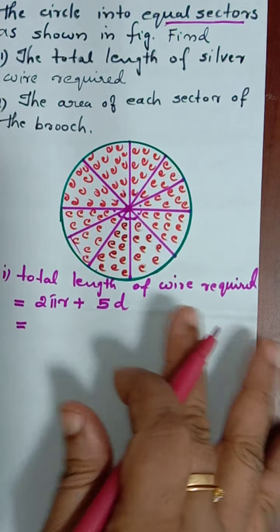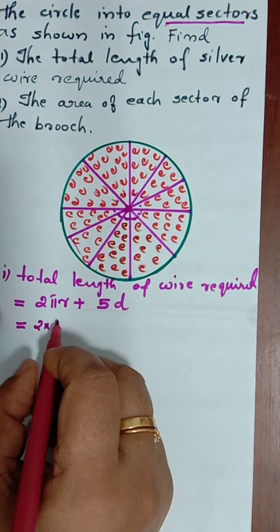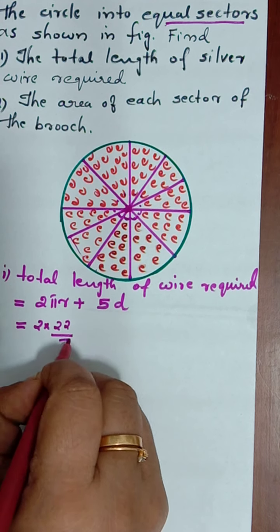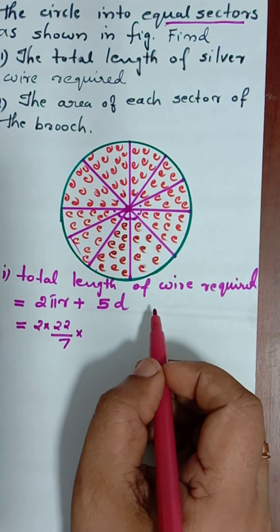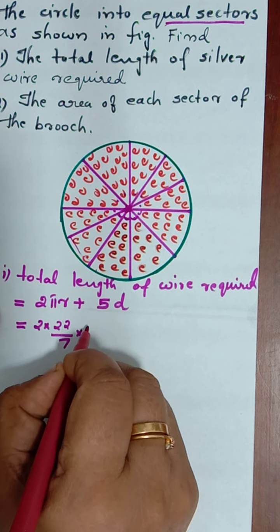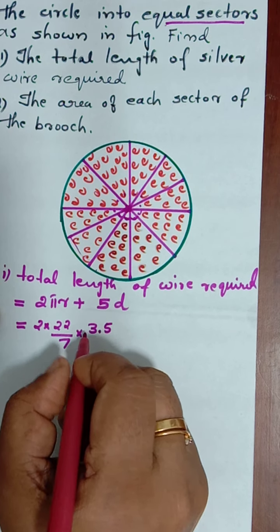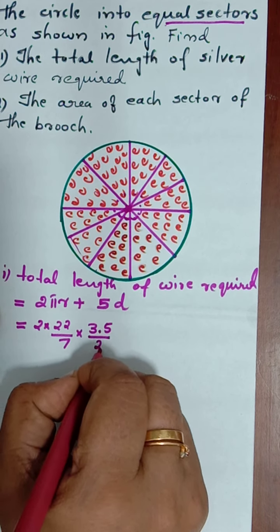That is 2 into 22 by 7 into radius. 35 millimeter is 3.5 centimeter, divided by 2. It is diameter, be careful.